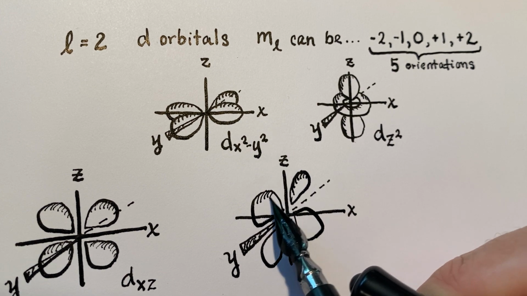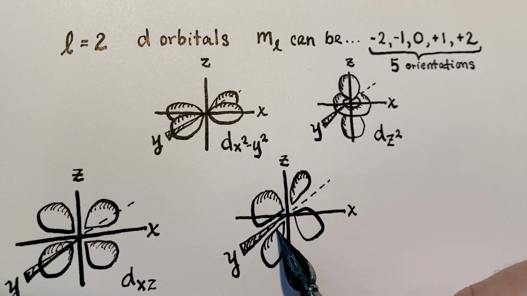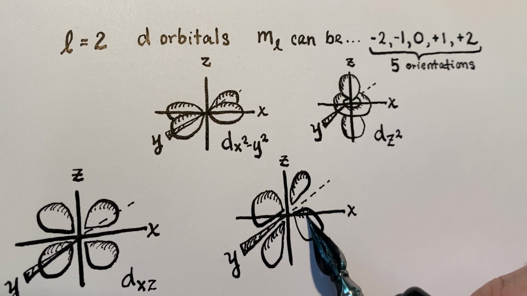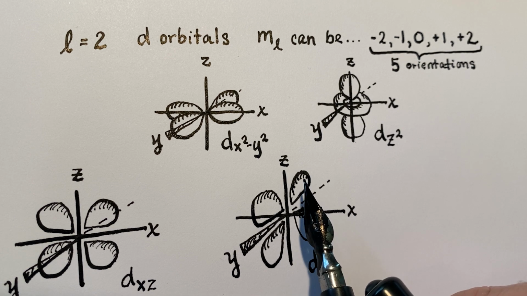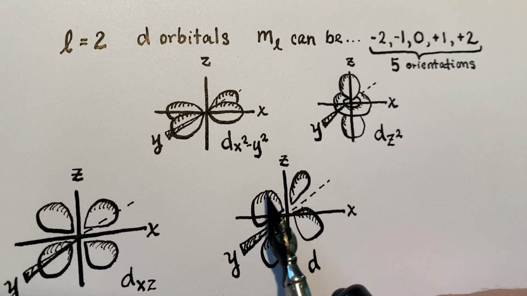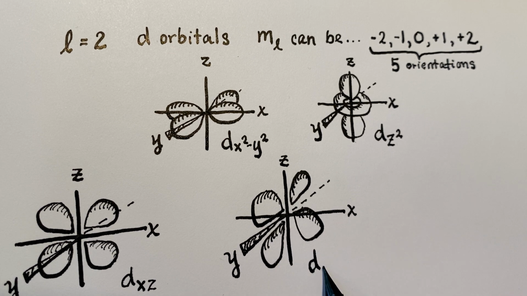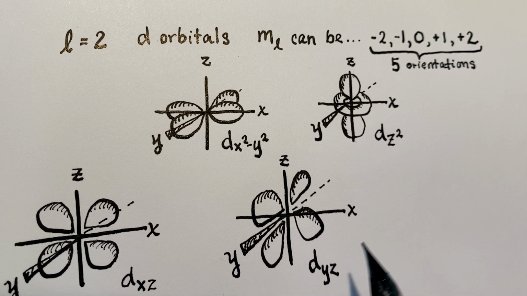Much harder to draw in 3 dimensions. So again, this is up and down, Z, Y axis. Or I'll put them in order, Y, Z. Okay, so what's remaining? We have d orbital lobes that are in the XZ axis. We have them in the YZ axis.